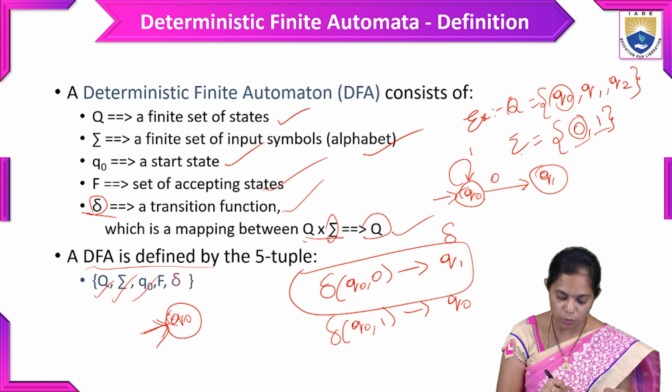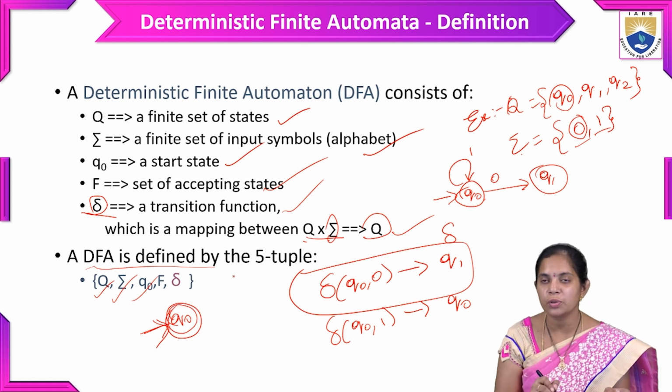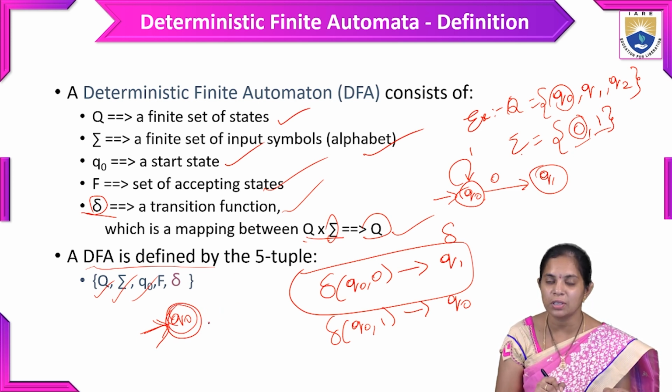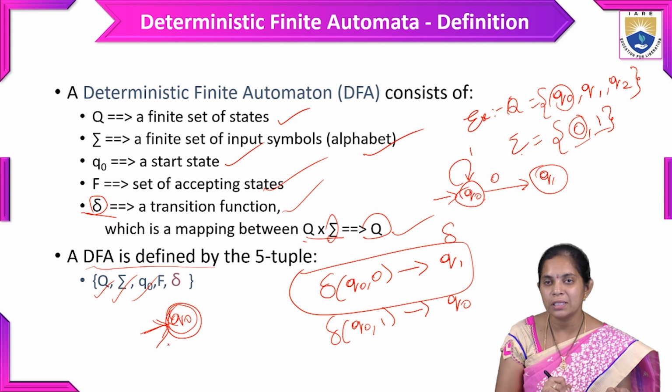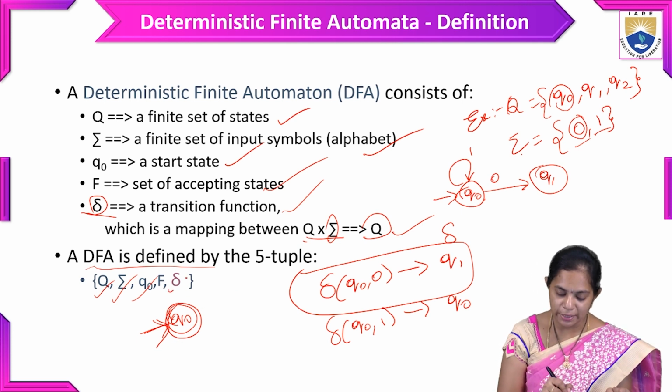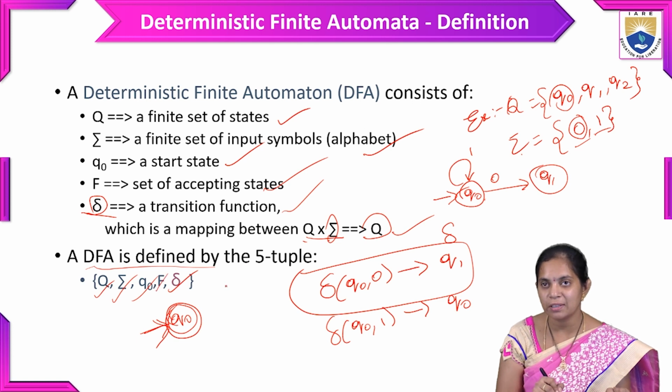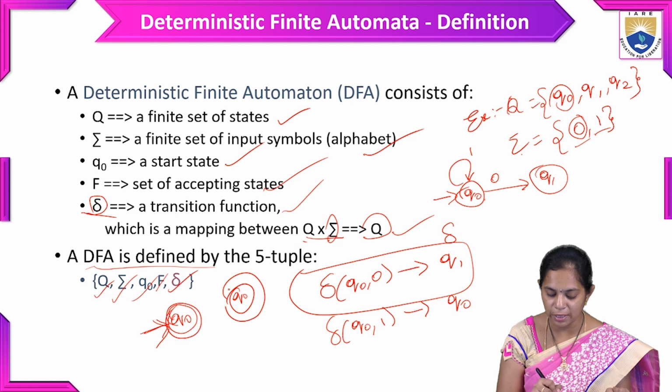Sometimes the initial state is also a final state, based on the transition. Based on the examples and the languages we take, the initial state may also be a final state. And F is a finite set of states. Suppose two or three final states are there.